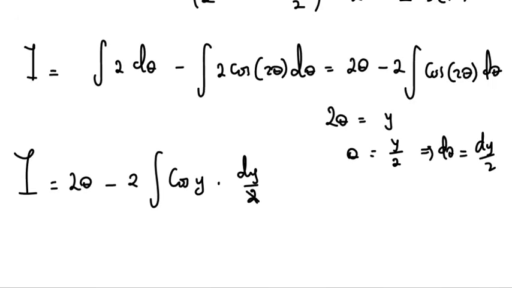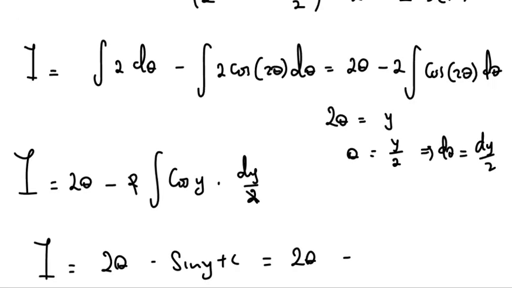So these 2 get cancelled with these 2, and we have to integrate the cosine of y, which is giving us the sine of y. So we have sine of y plus c, which is the same as sine of 2 theta, because that is for y, and then plus c.